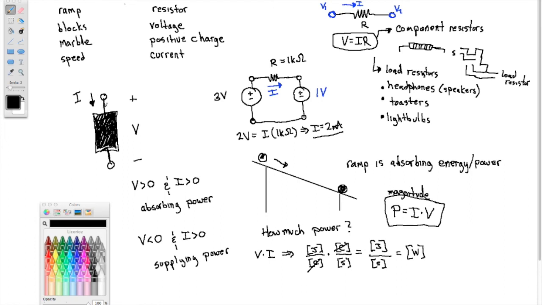Well, is the current going from top to bottom? Is it going from high potential to low potential, and so forth? This tells us the magnitude of the power that that device is absorbing or supplying. And there's something called the passive sign convention.